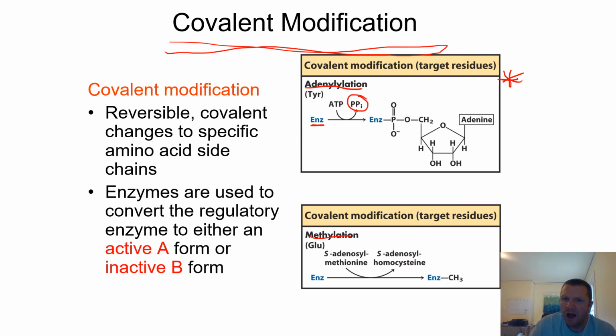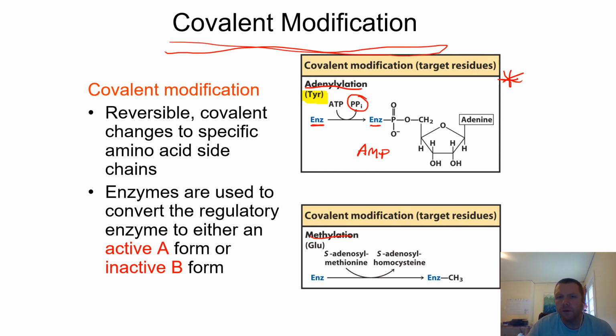What remains behind, that AMP, well, that gets added to your enzyme. Now, what's important about covalent modifications is that they are reversible and they are specific to individual amino acid side chains. Now, this is generally going to happen to a tyrosine residue, hence why we've got TYR in parentheses there.